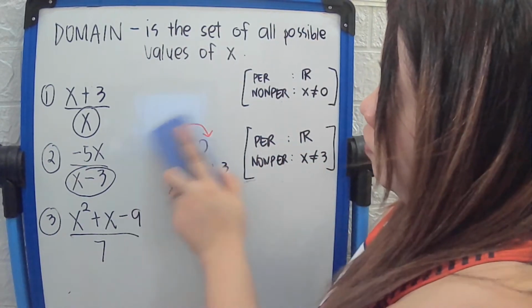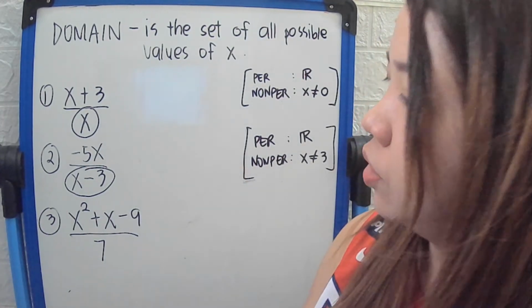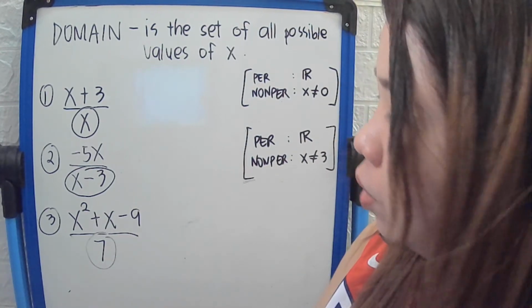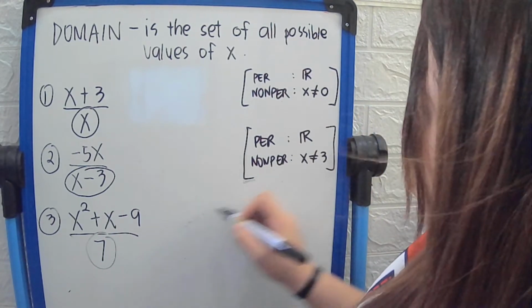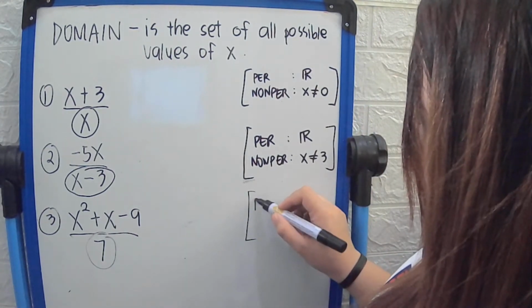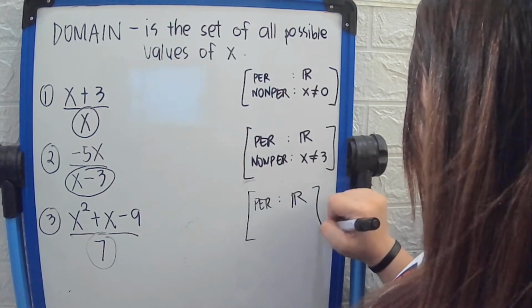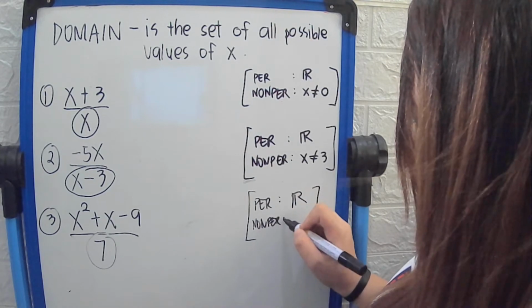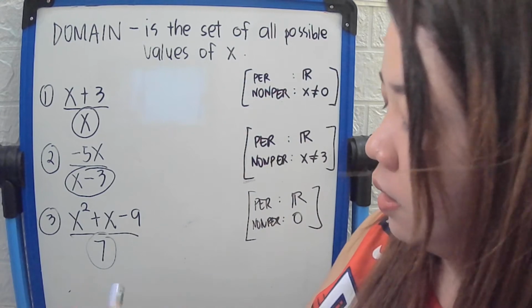Next, for number 3, as you can see, your number 3 has a denominator of 7. So no value for x. Meaning to say, the permissible is all real numbers. Then for your non-permissible, nothing po.